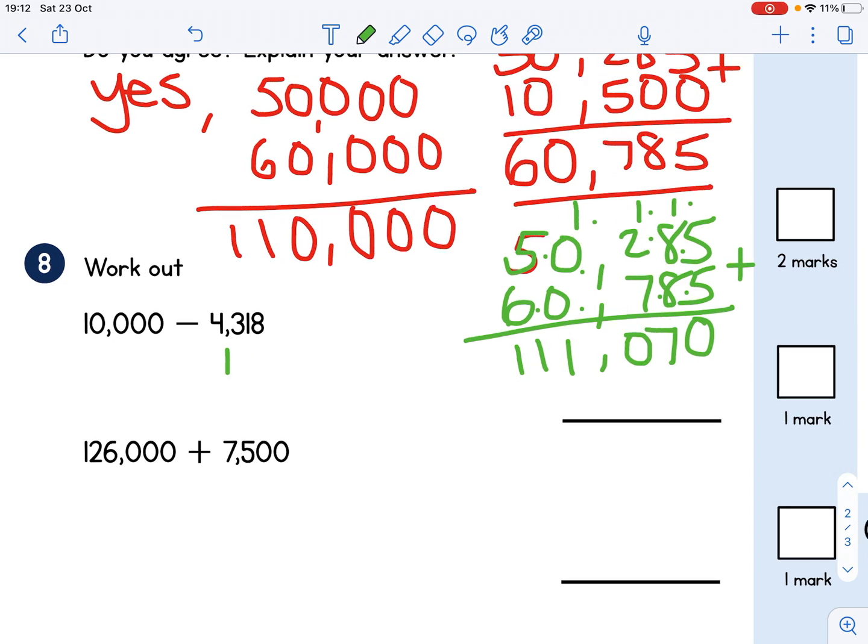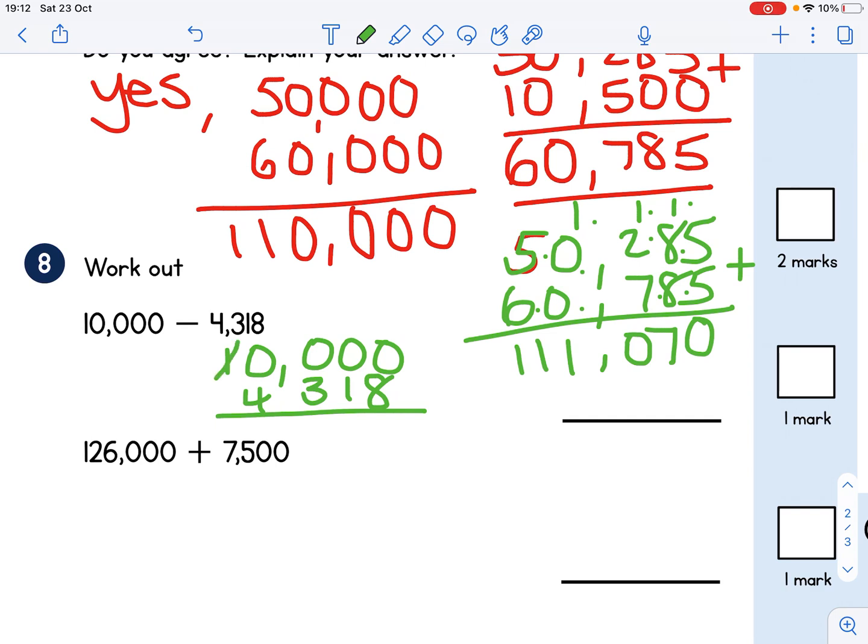We're going to do some subtraction. Unfortunately, we have to do some exchanges. So I can't do in the column method 0 take away 8, 0 take away 1, 0 take away 3.